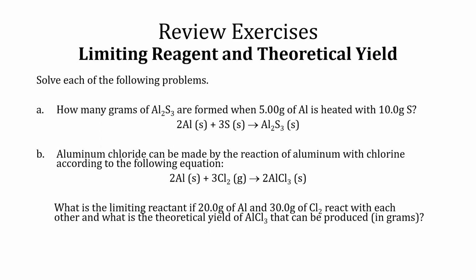The states of matter for Al, Cl2 and AlCl3 are (s), (g), and (s) respectively.